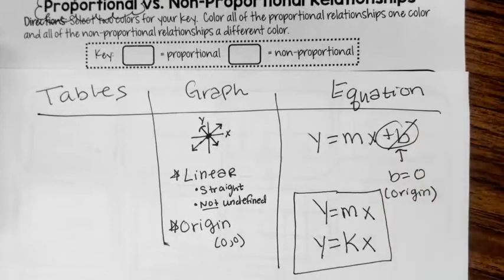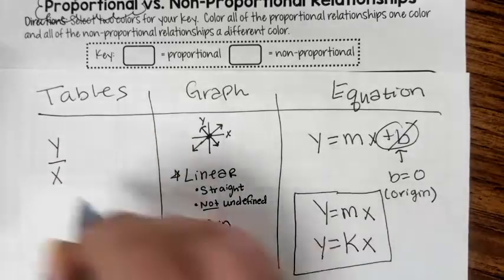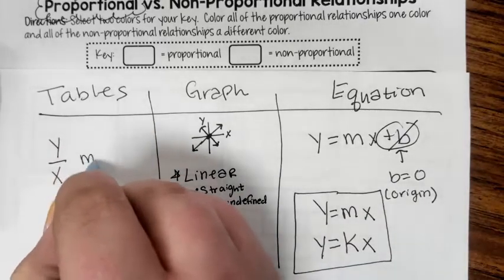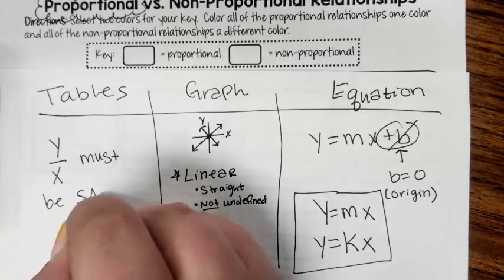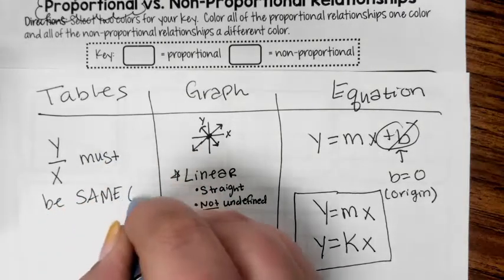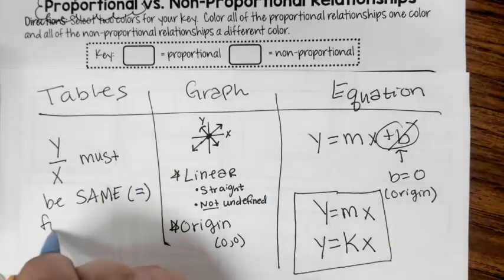Now in a table, y over x must be the same, which really just means equal in math words, for all points.